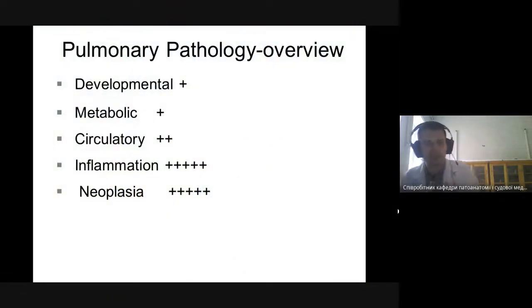Pulmonary pathology is probably the largest topic of systemic pathology, with developmental disorders, metabolic disorders, stroke disorders, inflammatory disorders, and neoplastic diseases. The last two categories are the most numerous.